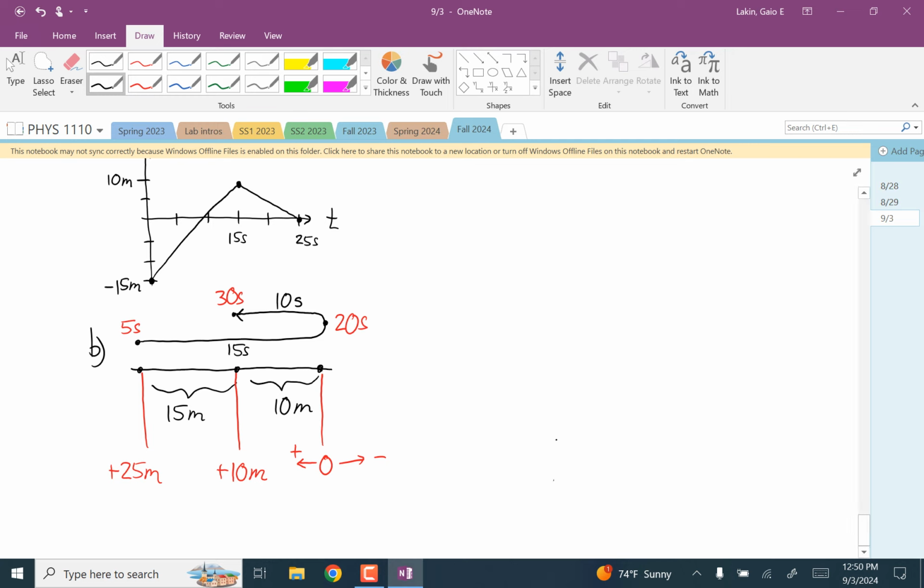And now we can just read these values off and put them into this table like I did last time. I'll put time over here, position over here. The first instant where we know these two things is at 5 seconds. And what's the position? Positive 25, perfect.